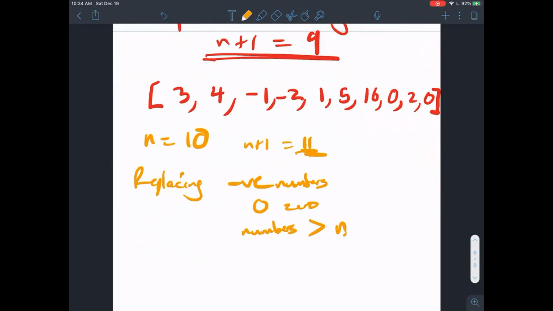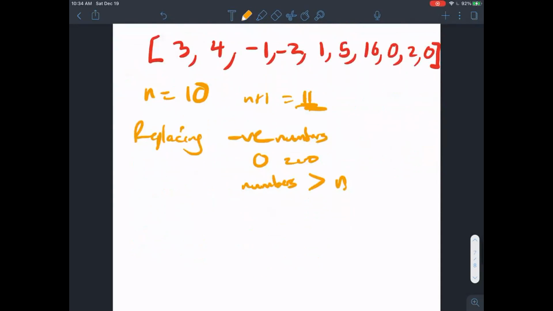So what we want is all the values in nums to be within 1 and n. Now we can go through the negative numbers, the 0s, and the numbers which are greater than n.